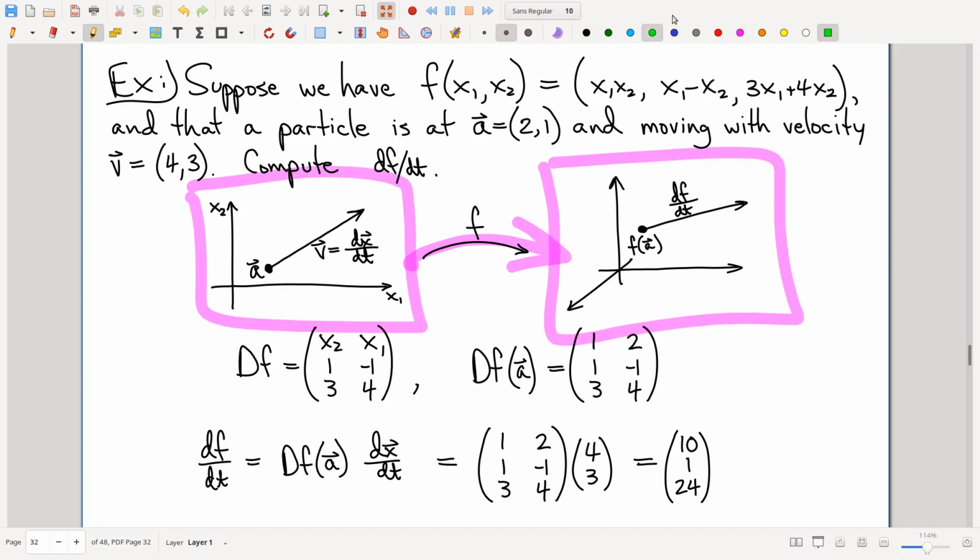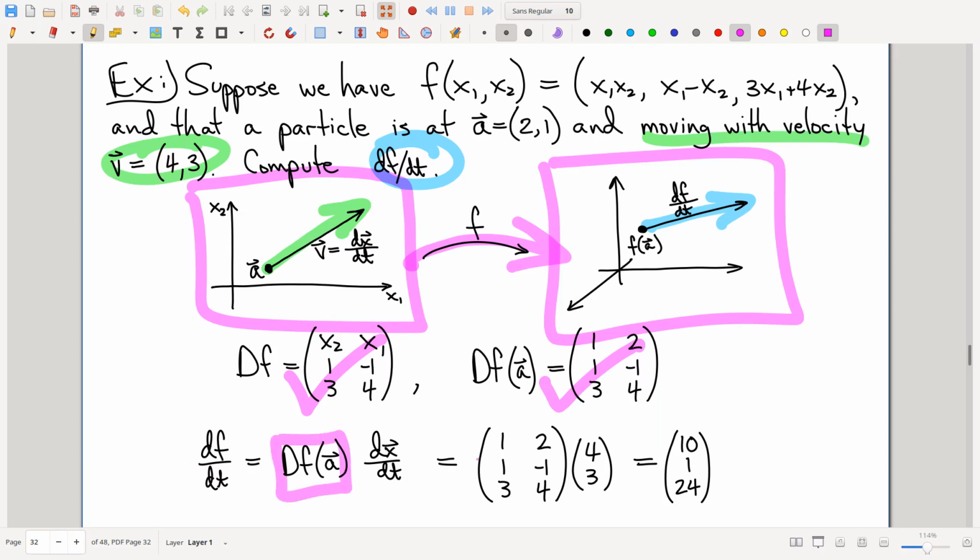And the question is, if I'm moving with some sort of an input velocity, what is my output velocity as a result? So how do you relate input velocities to output velocities? Well, derivative matrix. You compute the derivative matrix, you plug in the point in question, and that resulting matrix is what you multiply by input velocity to get output velocity. It's all it is, right?